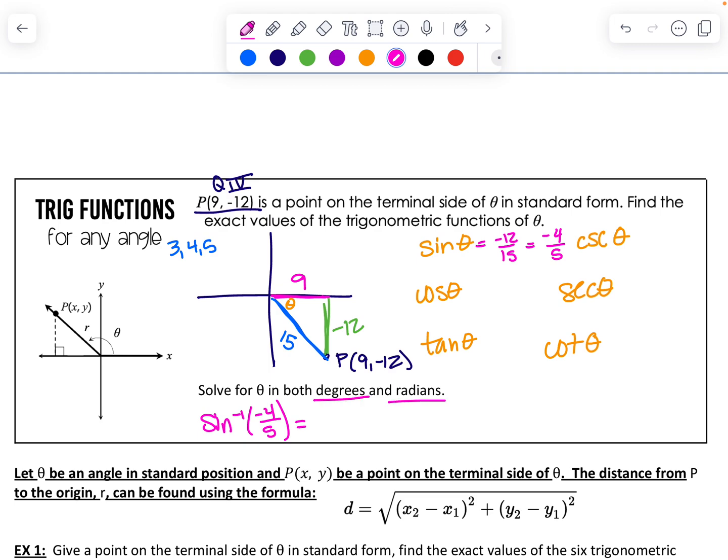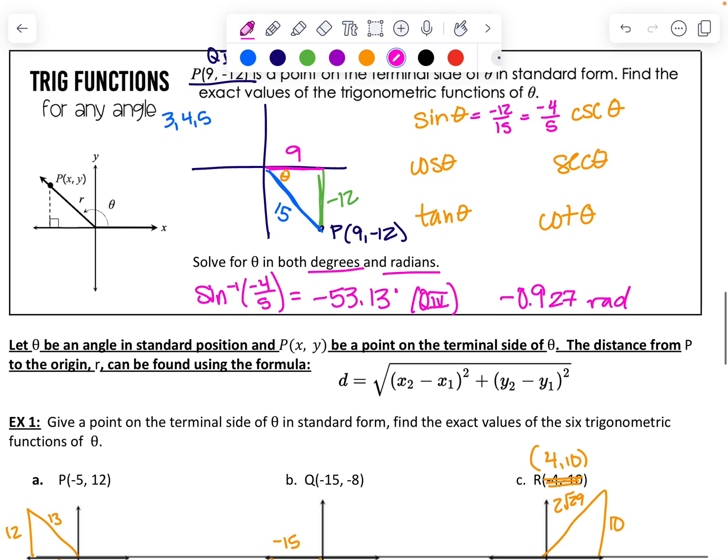So go ahead and put it in degree mode and do inverse sine of negative 4 over 5, and you should get negative 53.13 degrees, right? Which makes sense because that would be an angle in quadrant 4. In radians, so now you just change your mode to radians. You should get negative 0.927 radians. Okay.